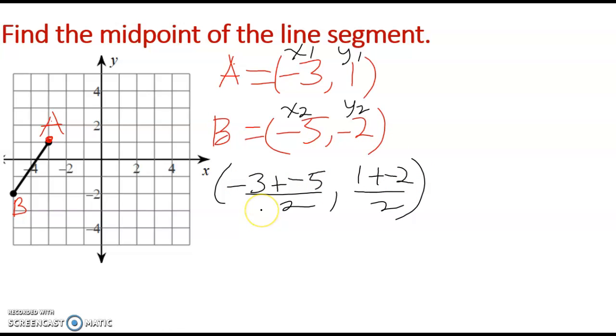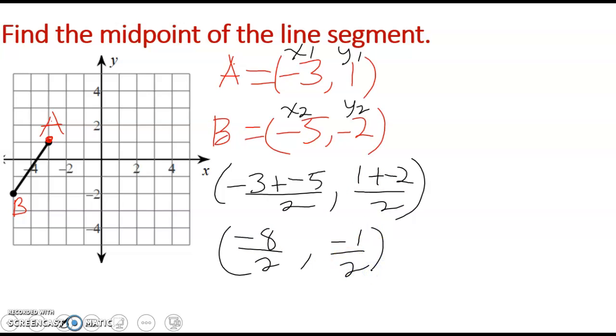So -3 plus -5 is -8 over 2, comma, and 1 plus -2 is -1 over 2. Negative 8 divided by 2 is negative 4. And this remains -1/2 or -0.5. And that will be the midpoint. So x is negative 4 and y is negative 1/2. So it's going to be somewhere here.